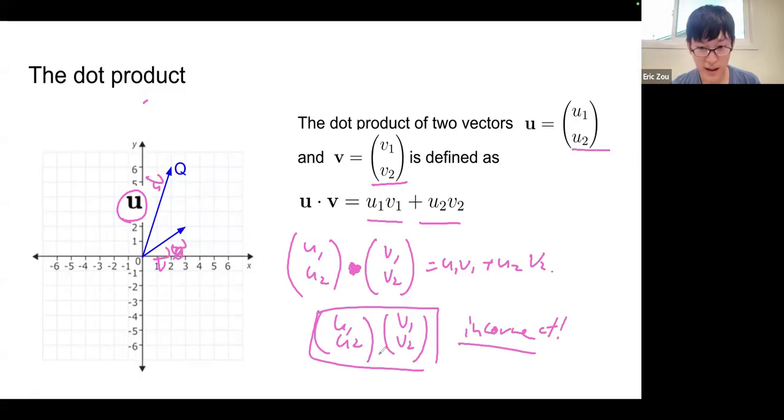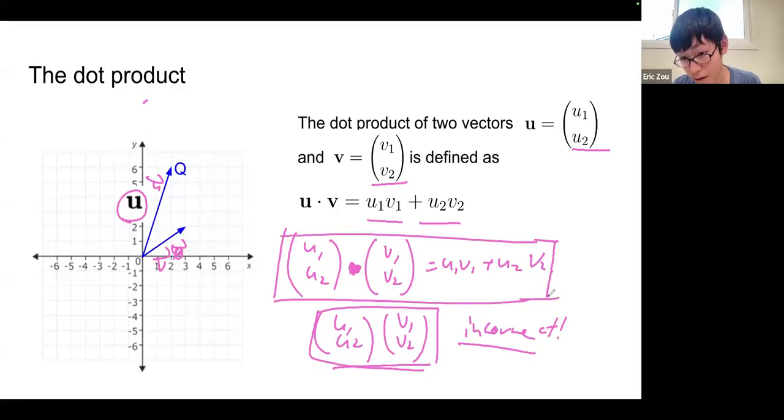You cannot write it as this because there are two types of products and it's ambiguous which type you mean. So this is just a formula, and you just memorize it. Maybe I give you 30 seconds to memorize this formula. It's pretty straightforward: you multiply the corresponding components and add them together.